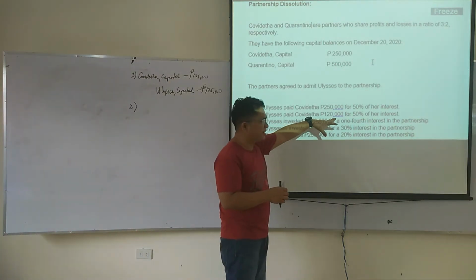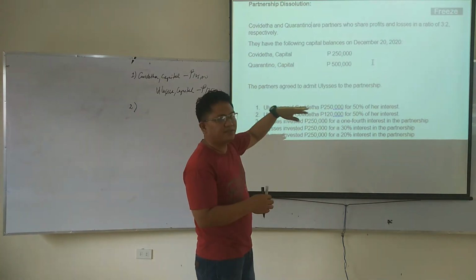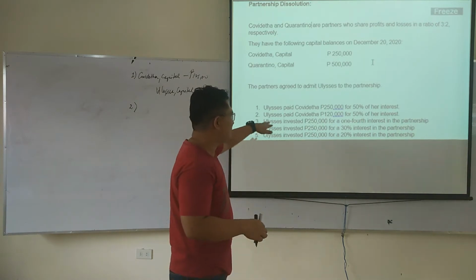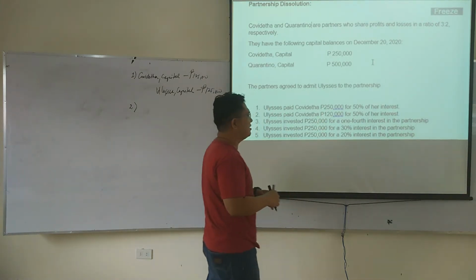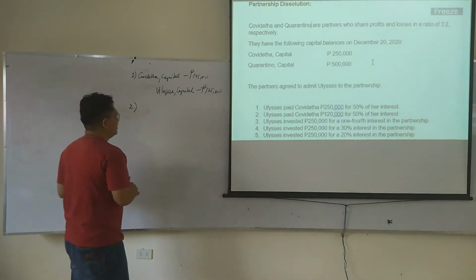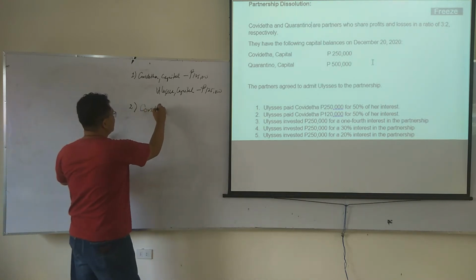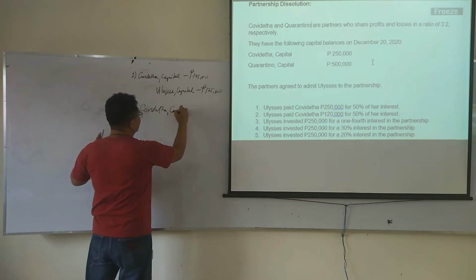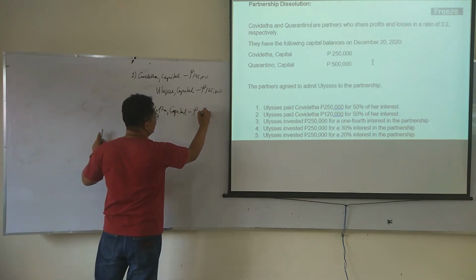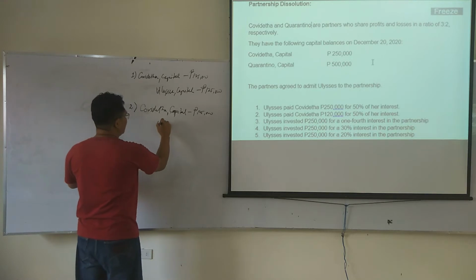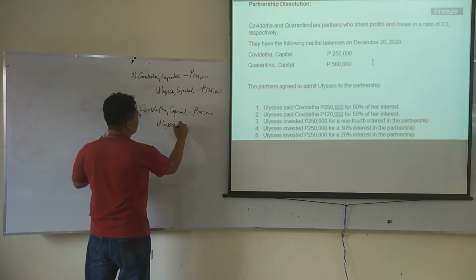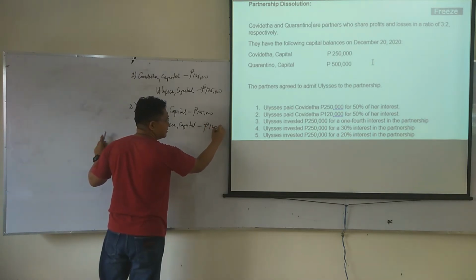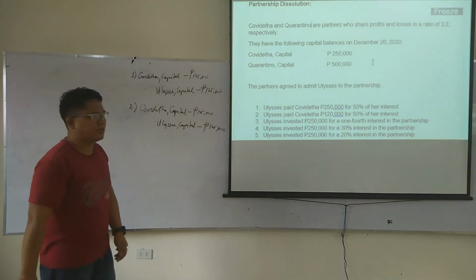Number 2. Ulysses paid 120 for 50%. Again, the 50% of Cobilita is 125. But Ulysses only paid 120 to Cobilita. It's still Cobilita capital 125,000 and Ulysses capital 125,000.